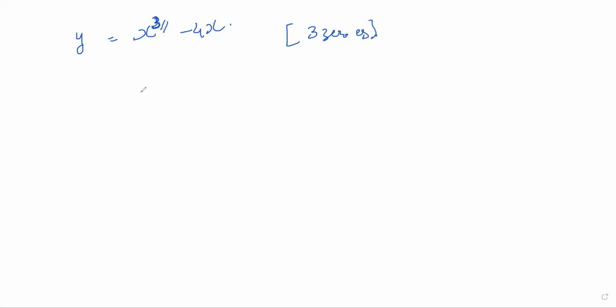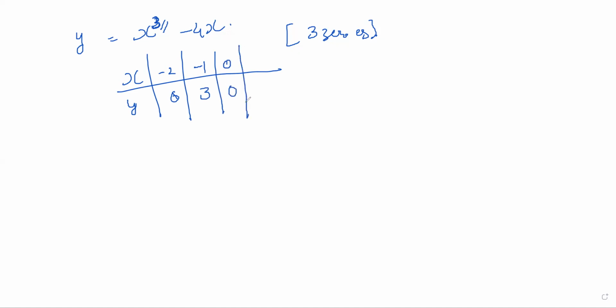And directly I'll write the values of x and y here. When x is -2, y is 0. When x is -1, y is 3. When x is 0, y is also 0.